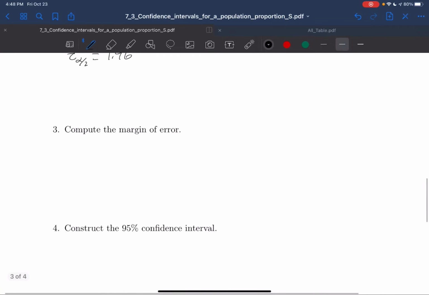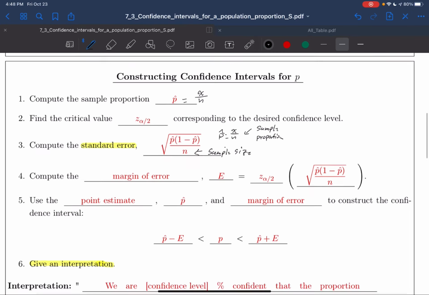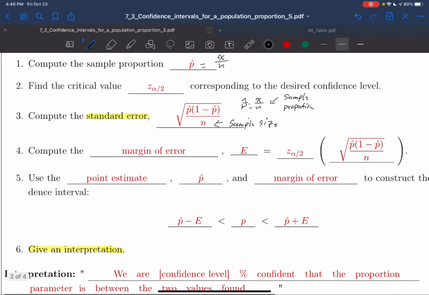Next, we want to compute our margin of error. And again, this is just going to be our E. If you remember from our notes, our margin of error is just our critical value times our standard error.